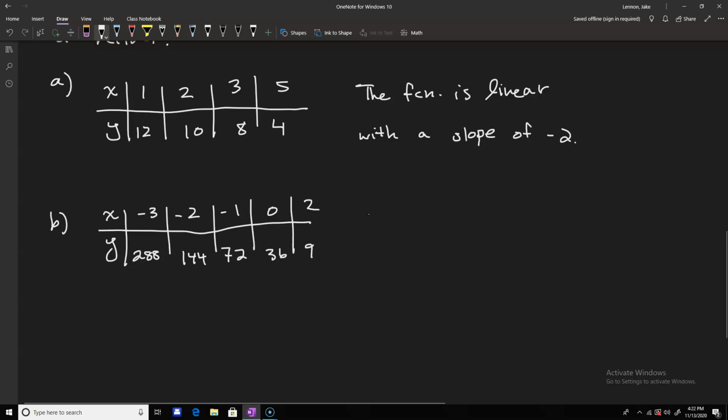So we see the behavior in the output variable is multiplicative, and that's what's indicating that this is an exponential function. So if it's multiplicative in the output variable for each unit time step in the input variable, then it will be an exponential function. And the thing that you're multiplying or dividing by is actually the value of the exponential base. So the function here is exponential.